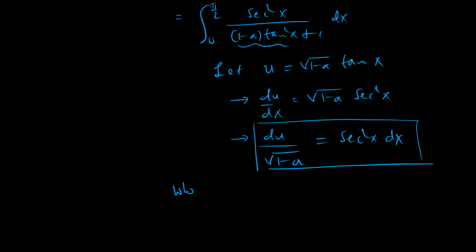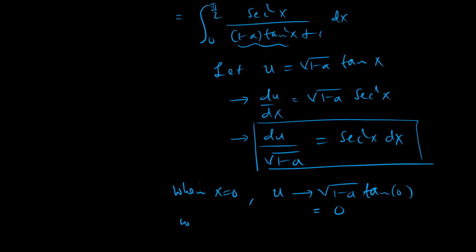Now, when x equals 0, what does that mean? u tends to the square root of 1 minus a times tan of 0, which equals 0.